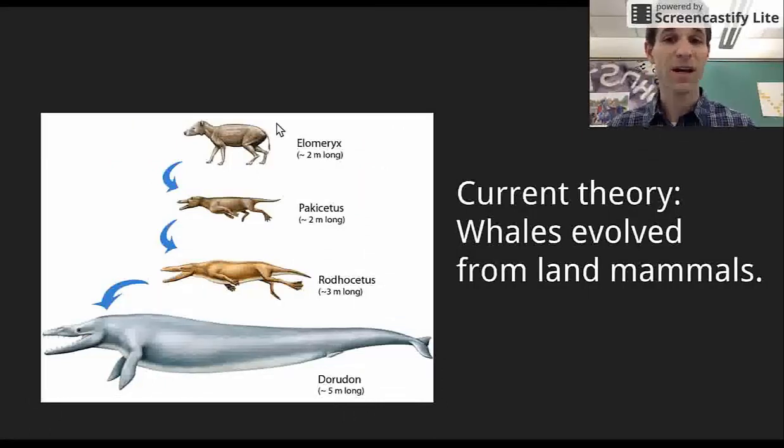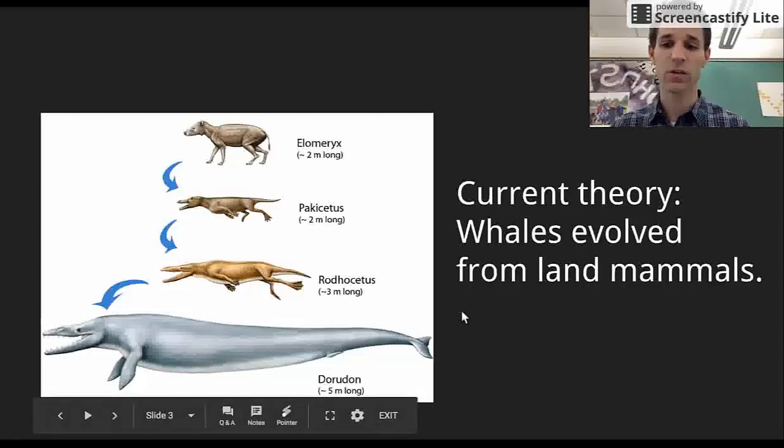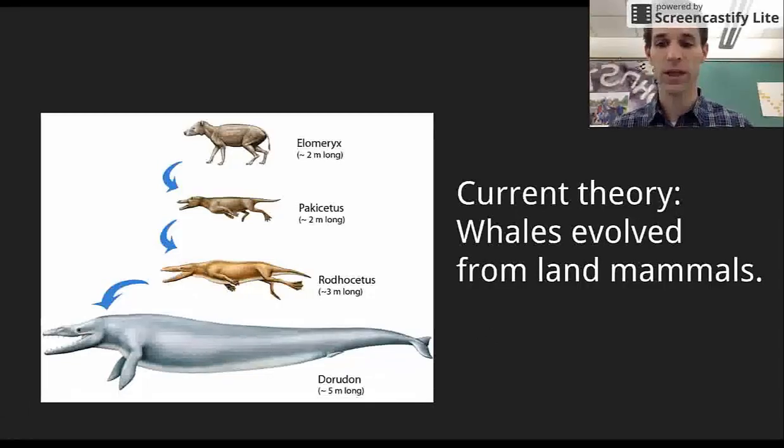And then over time, that species contained some variation that allowed it to change over long periods of time into something that may have swam a little bit, and then something like Rhodocetus here, which had definitive swimming and aquatic characteristics, and then something like Dorudon, an ancient whale species that clearly has the form and function of modern day whales. And so we have evidence that suggests that this is the way that it happened.